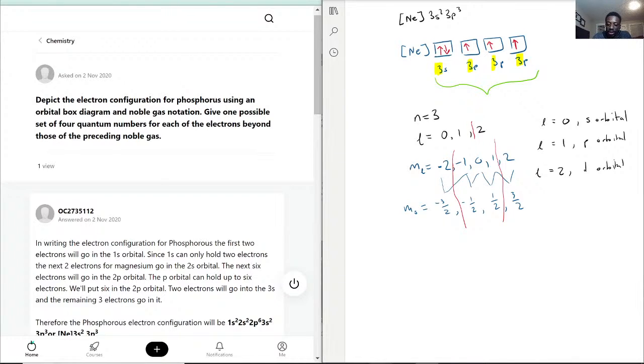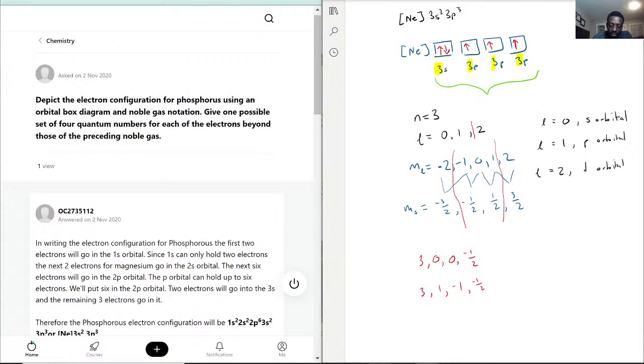So a possible quantum number set would be 3, 0, 0, minus 1 half. Any of those numbers would work. Another possible set would be 3, 1, minus 1, minus 1 half.